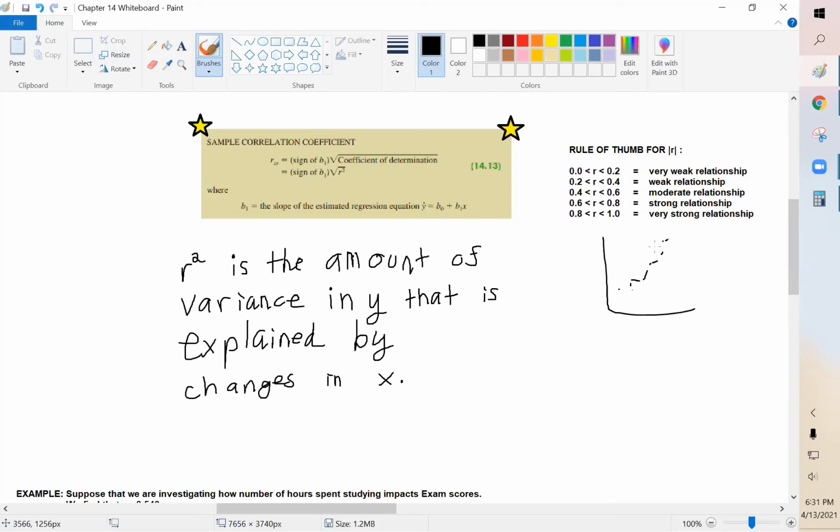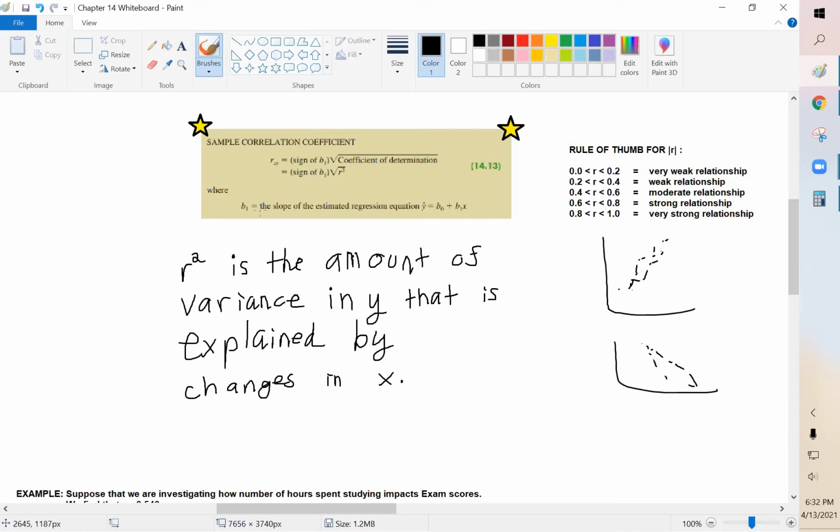Let's say one looks like this, and the other one looks like this. One of those relationships is negative. This is why we have to keep the sign, because the sign is supposed to indicate if we have a positive relationship or a negative relationship. Positive means as one increases, the other increases. Negative means as one increases, the other decreases. That's why you have to include the sign.